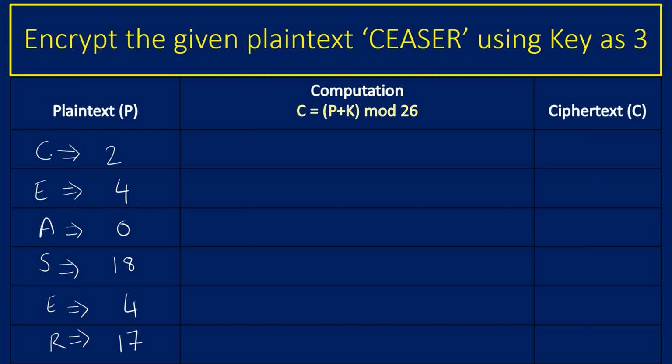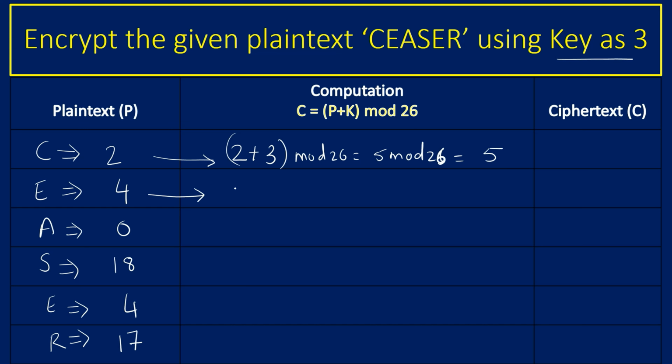So we want to encrypt C, and the number corresponding to C from the mapping table was 2. So this number 2 is now processed by adding it to the key. The key is 3 as given here, mod 26, which basically is 5 mod 26, and since 5 is less than 26, the resultant answer of 5 mod 26 is 5. The second number which we want to encrypt is 4. Add the key K equal to 3 to it, mod 26, which comes out to be 7 mod 26.